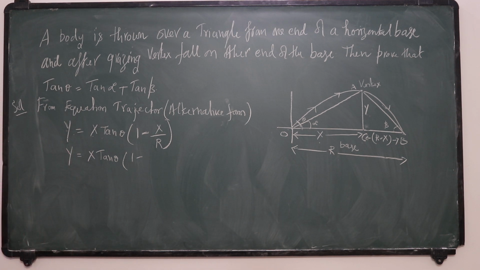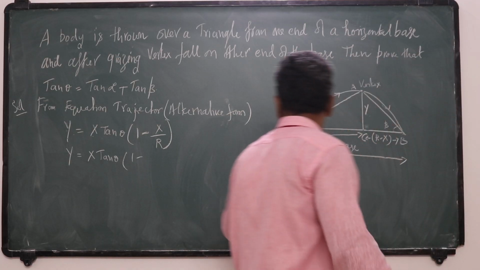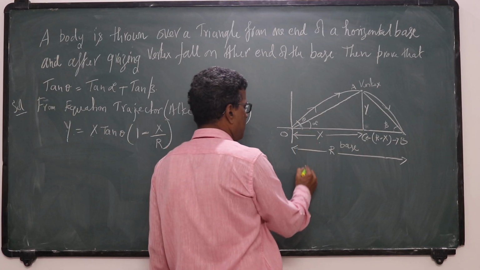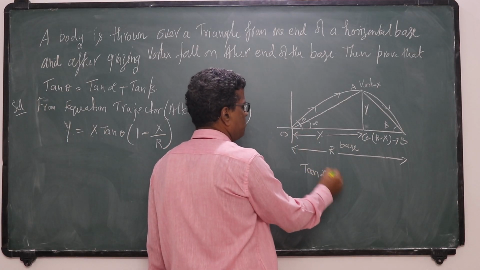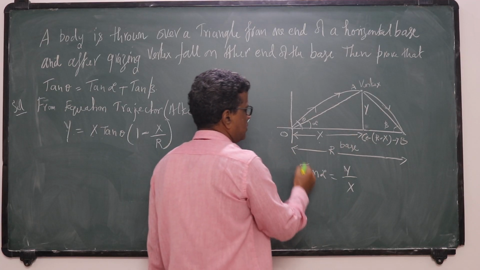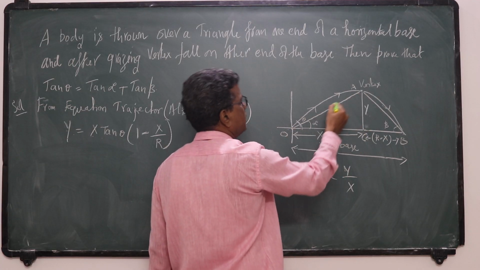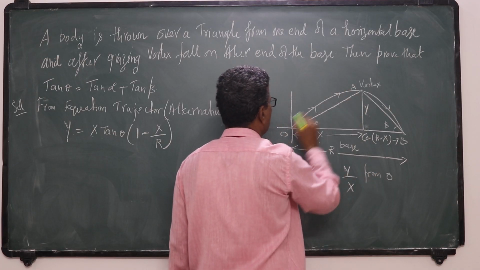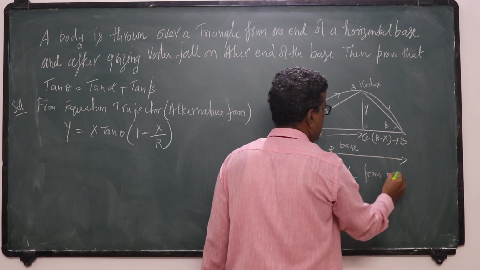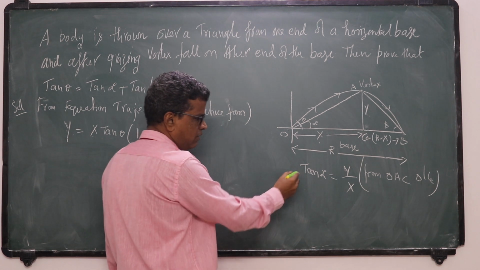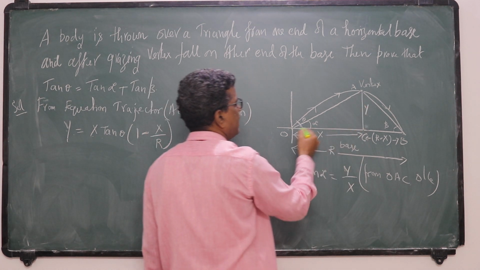First, in this triangle, you define this. What is tan alpha? From triangle OAC, tan alpha is equal to y by x.